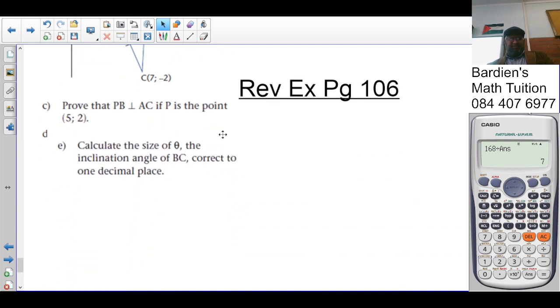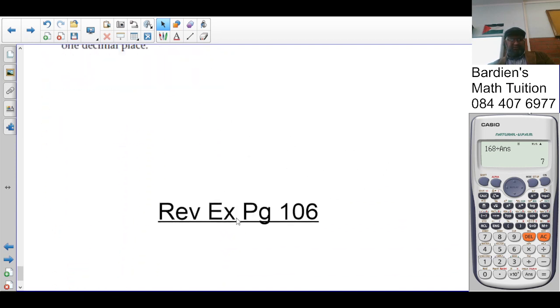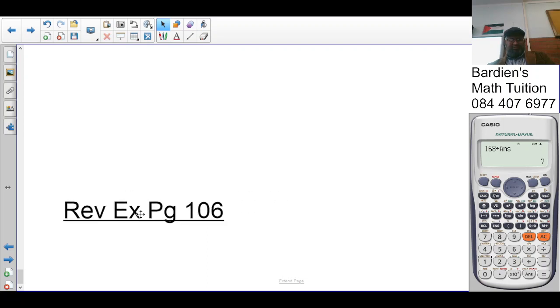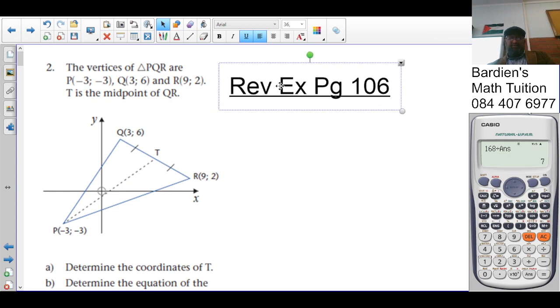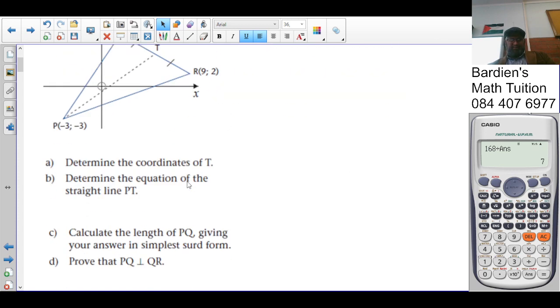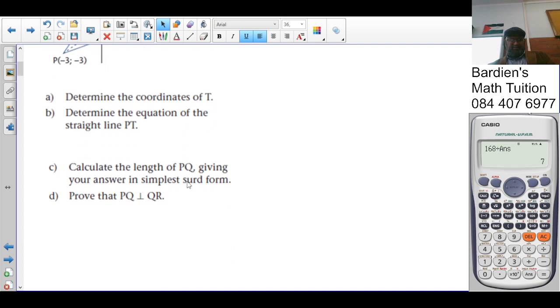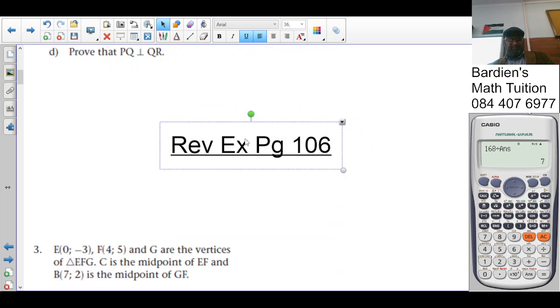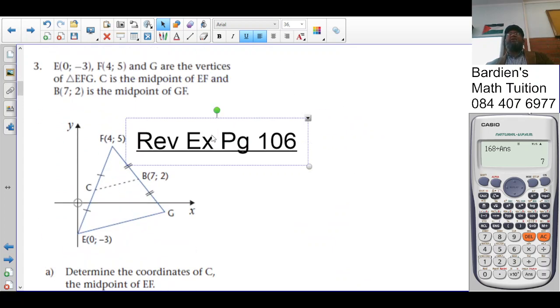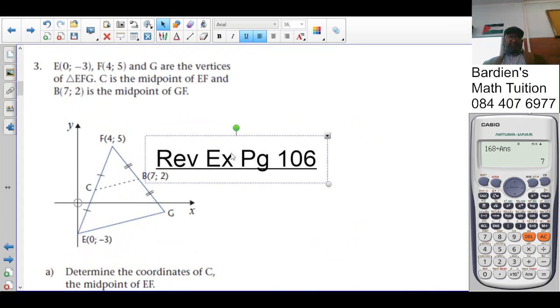No, so it's no issue, then there shouldn't be an issue there. Number 2. Any problems with number 2? So no problems with number 2. Number 3? 2B.